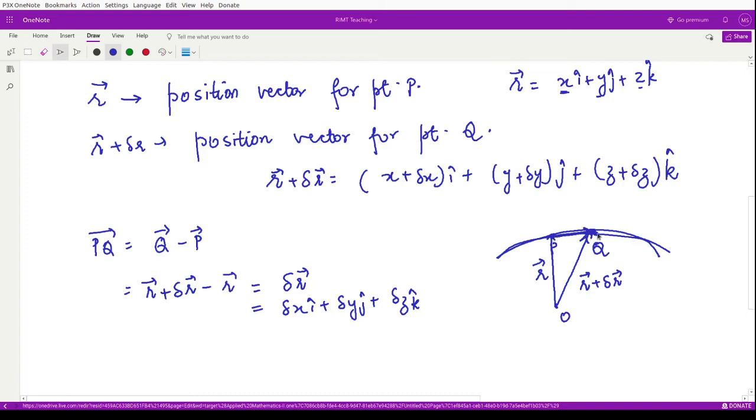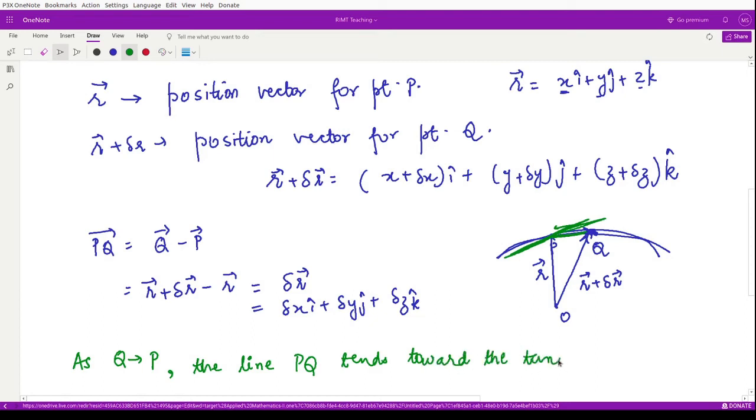If you move this particular point Q in the direction of P, this chord would obviously tend towards the tangent at the point P. So we say that as the point Q tends towards the point P, the line PQ tends toward the tangent to the curve at the given point P.